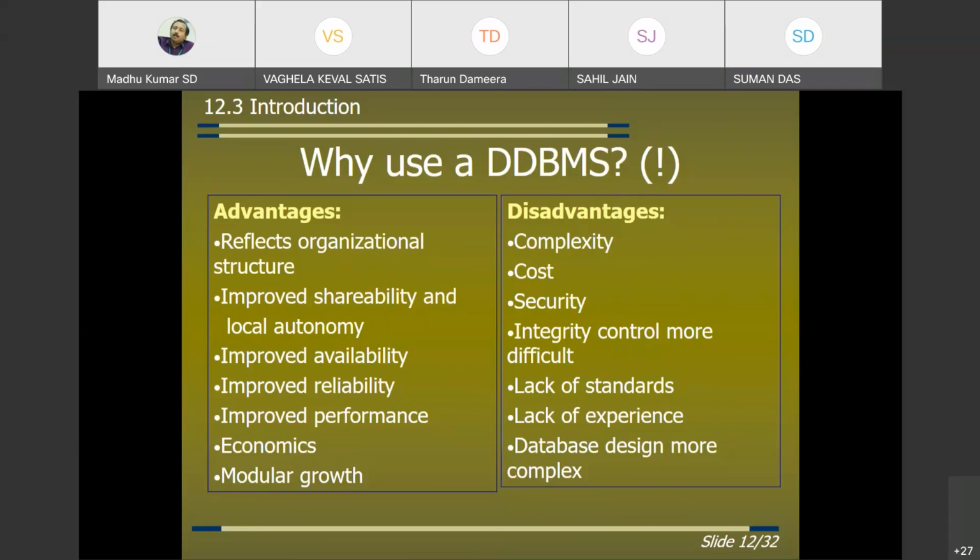Can anyone else answer? Anyone can answer how this DDBMS is reflecting the organizational structure?